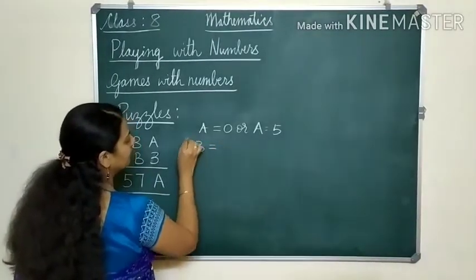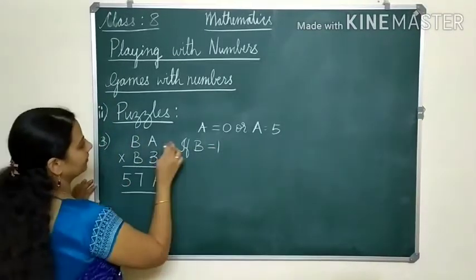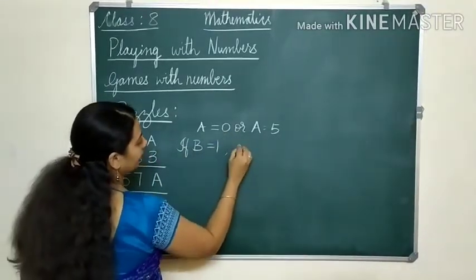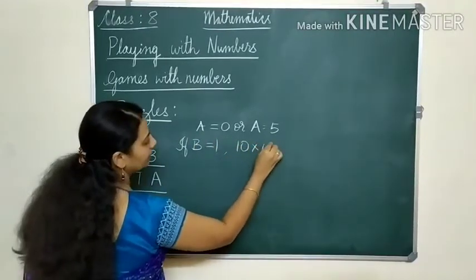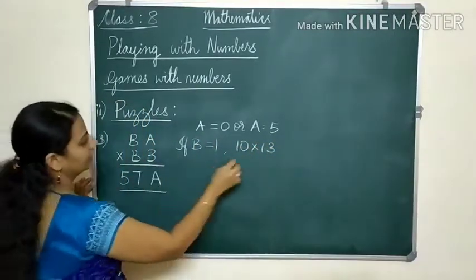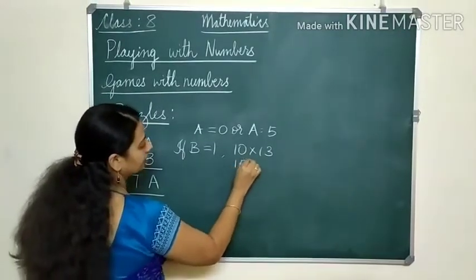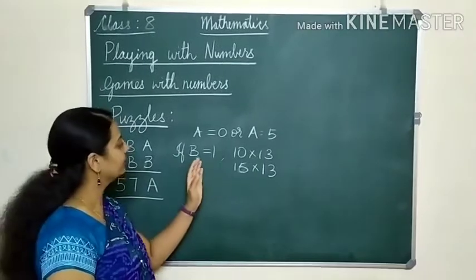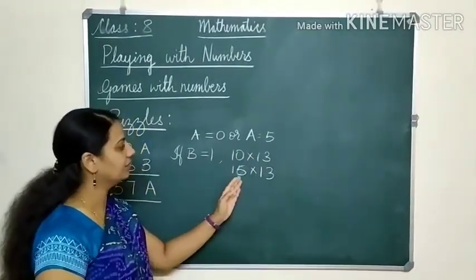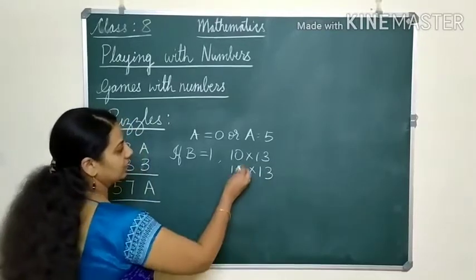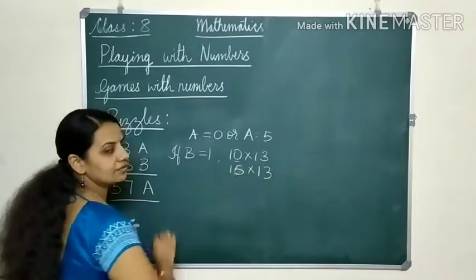Now coming to B. Let's take B as 1 and find out. If B equals 1, then it is either 10 into 13 or 15 into 13, because in one case we are considering A as 0, and in the other case it is 5.